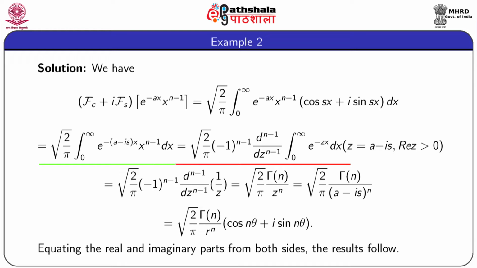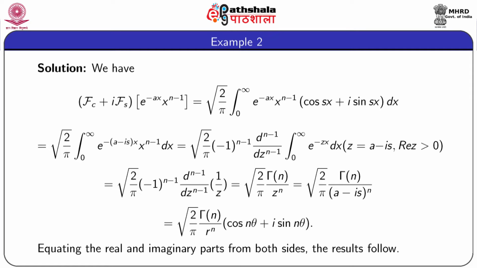This is equal to root over 2 by pi into (minus 1) to the power n minus 1 d^(n minus 1) by dz^(n minus 1) of integral 0 to infinity e to the power minus zx dx. Here we substitute in this integral a minus is as z, so that this result can be written in this form.